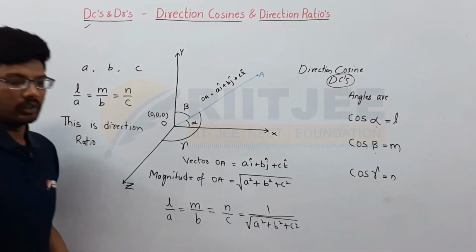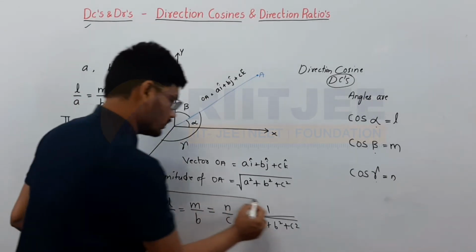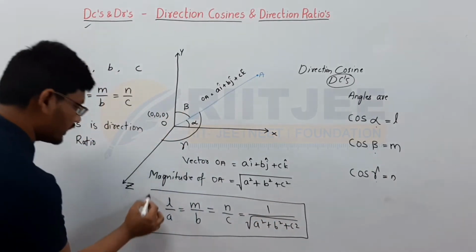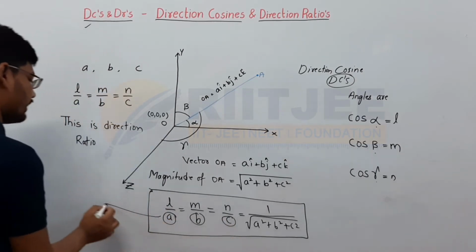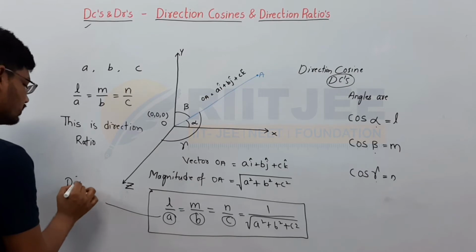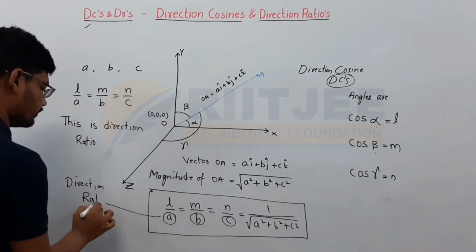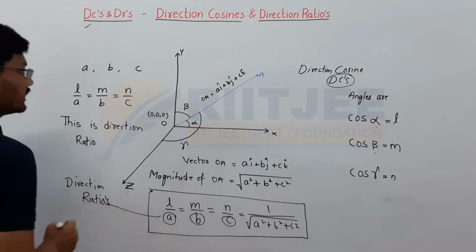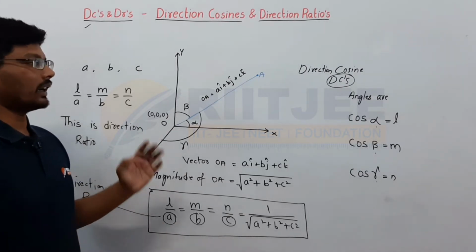This is the direction ratio, where A, B, C are the values of the direction ratios. This is all about the introduction part of DCs and DRs.